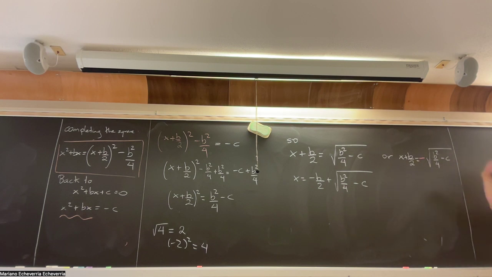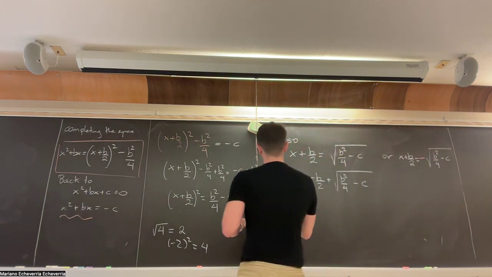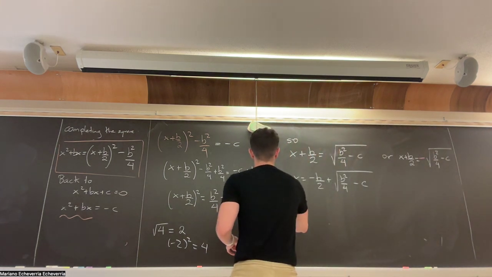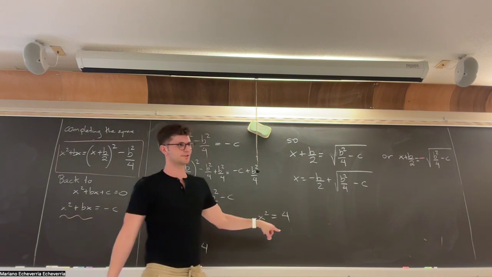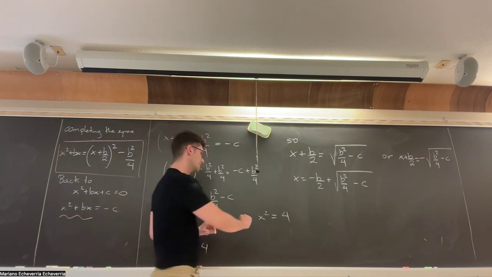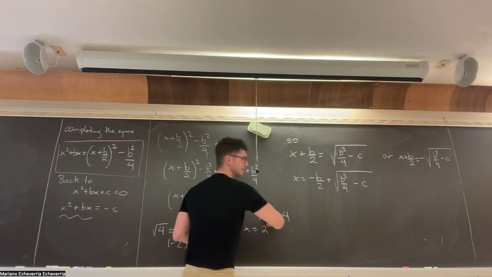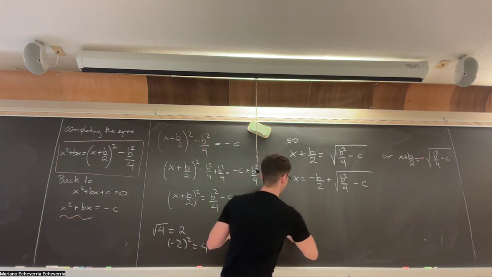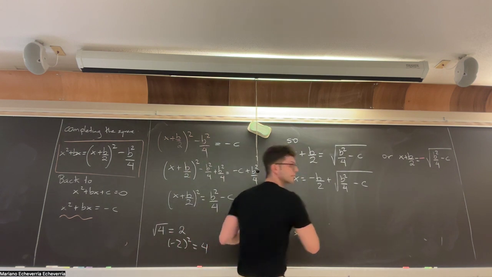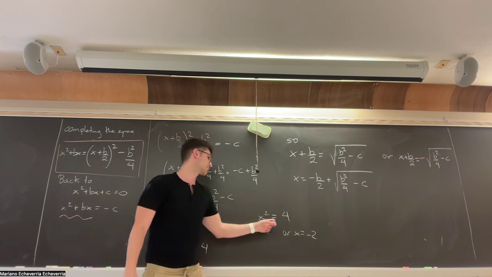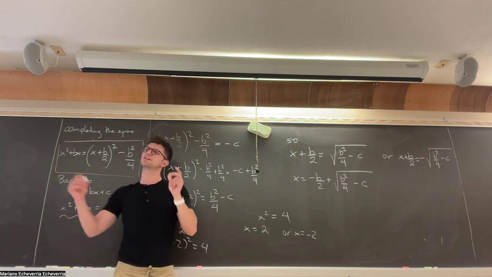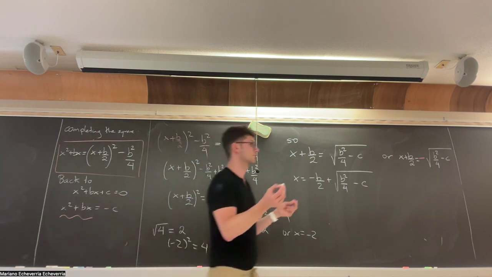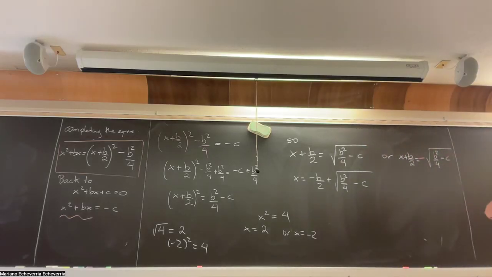If you have something like x squared equals 4, x could be 2, which is the square root of 4, but also x could be -2, because -2 is also something whose square would give you 4. So that's where the two solutions common from the quadratic equation come from.